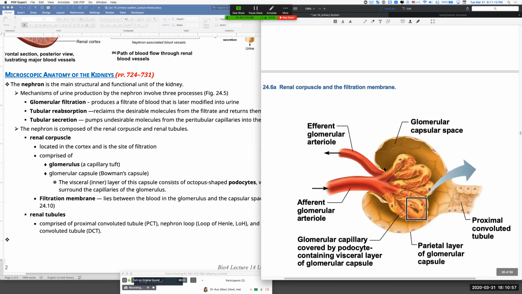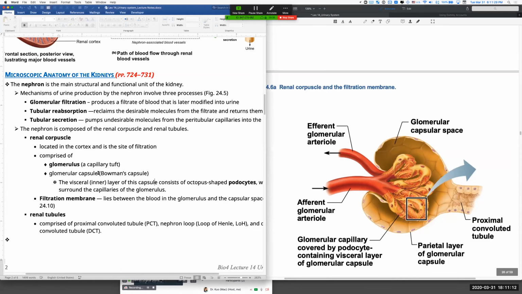But I also want to show you, during the first unit when we talked about the simple squamous epithelium of these nephrons, this is what we were saying. So this is the glomerular capsule, also known as Bowman's capsule.